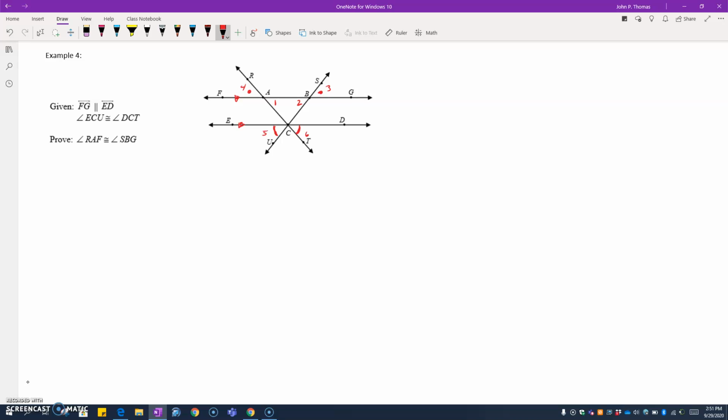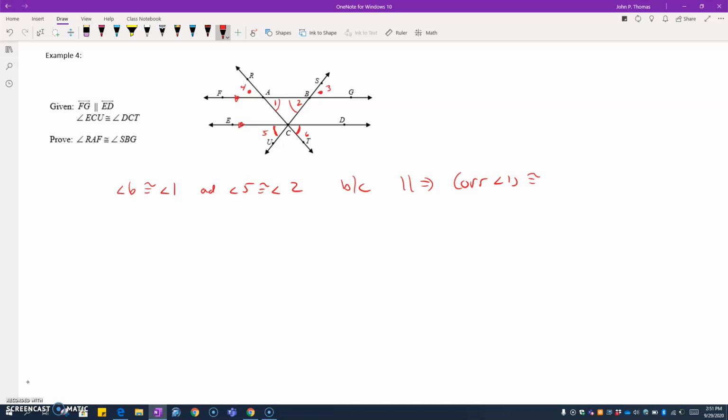First thing I can say is angle 6 is congruent to angle 1, and angle 5 is congruent to angle 2, because parallel implies corresponding angles congruent. Now I've got this one is marked and this one's marked.